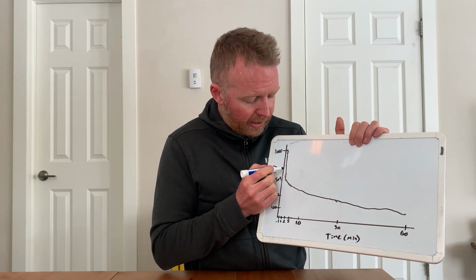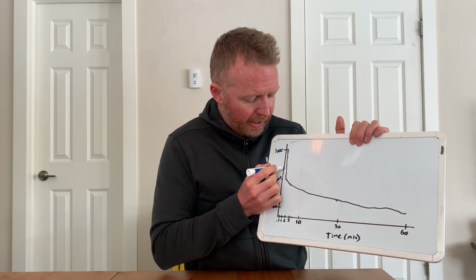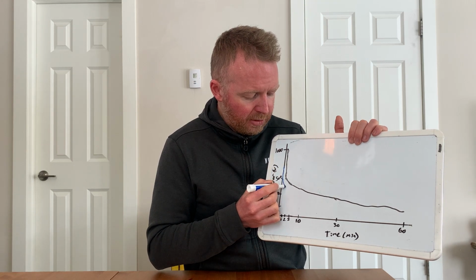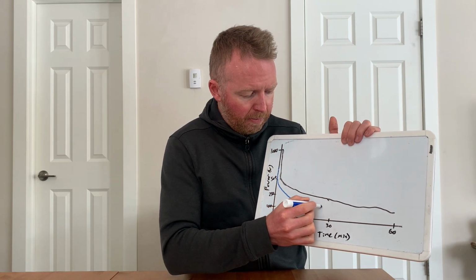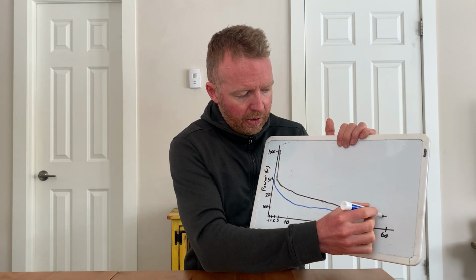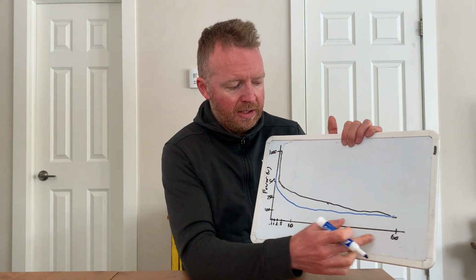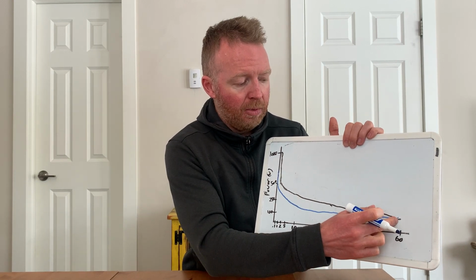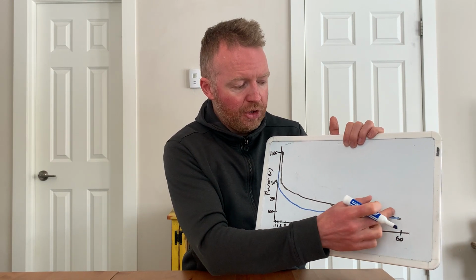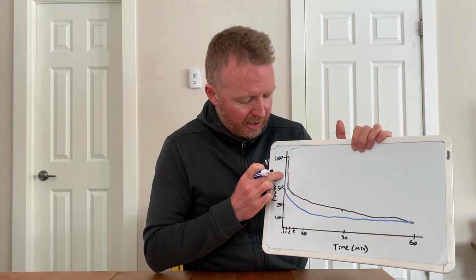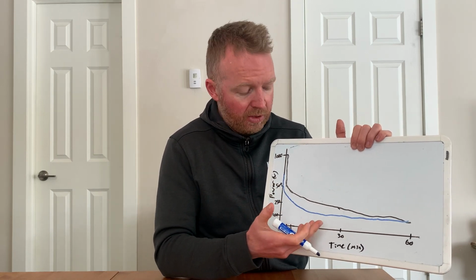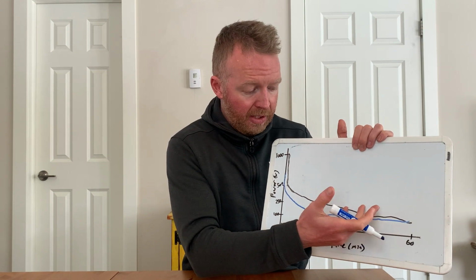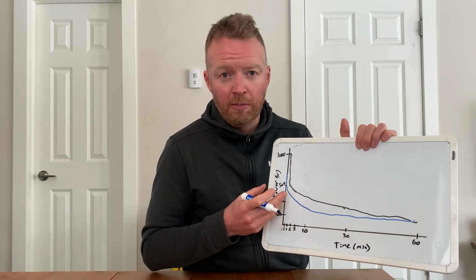So if I had an athlete with a pretty low comparative max power, but out here they can still hold 250 watts for 60 minutes, the same as this average athlete, but their max is pretty low, what does this tell us?